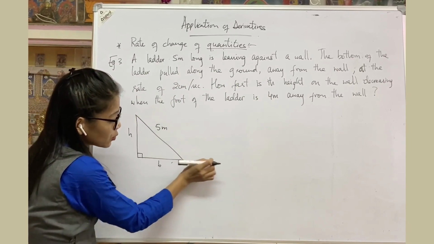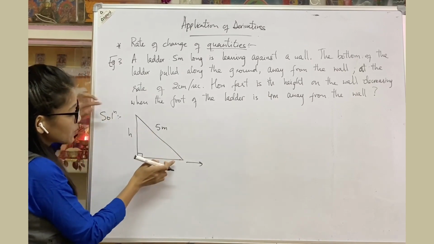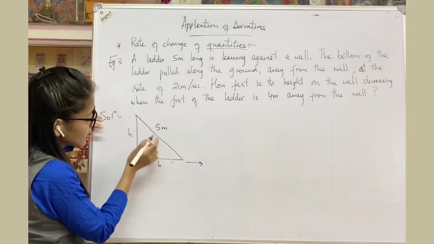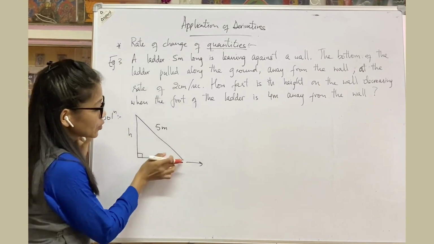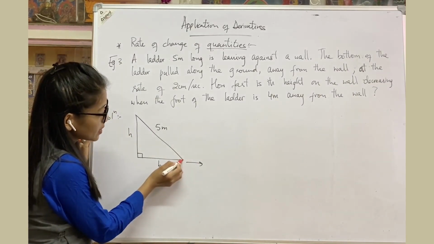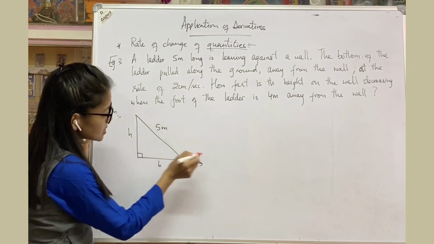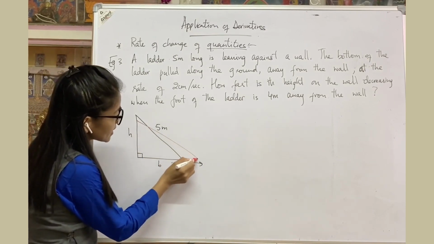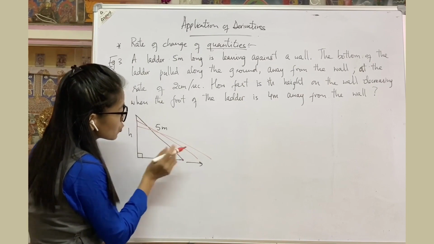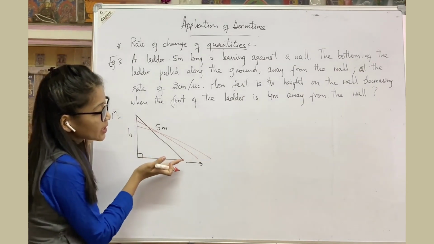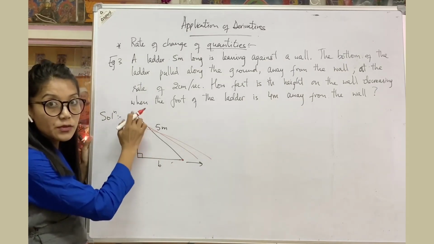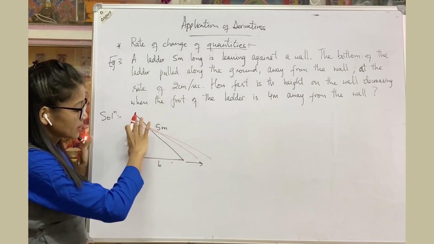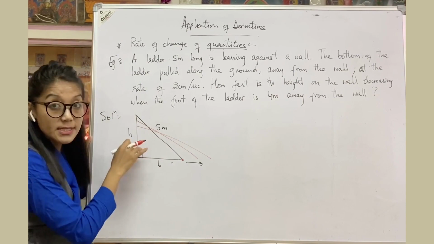So when the bottom of the ladder is pulled this way, it will be somewhat like this. You can see that as you pull the ladder in this direction, the height of the right angle triangle will decrease.